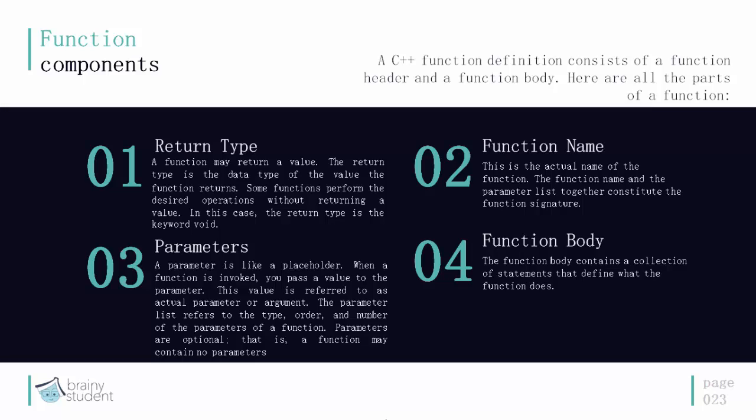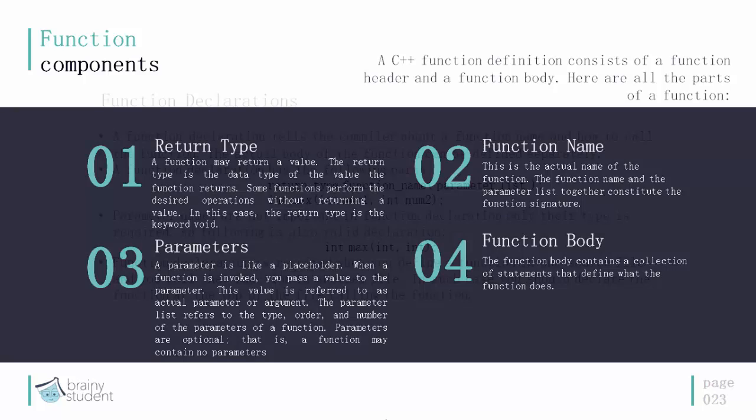Function body contains a collection of statements that define what the function does. As soon as you define a function and you open the braces, whatever you write in between before closing the braces will become the function body or function definition. Whenever that particular function is called, that body will be executed.